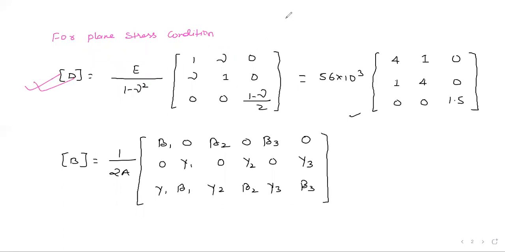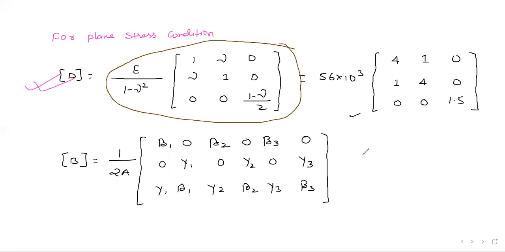Here we have taken the formula for the D matrix as this. But whenever the plane strain condition comes, every value is going to be the same except this D matrix. So then we will take the D matrix for plane strain condition.